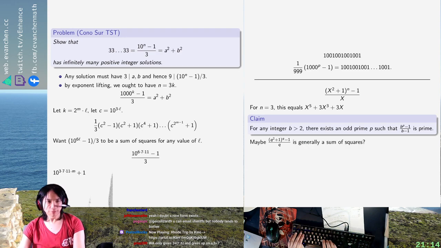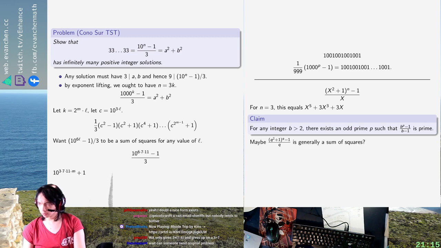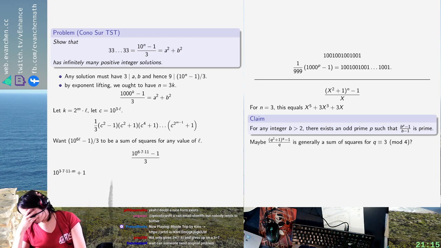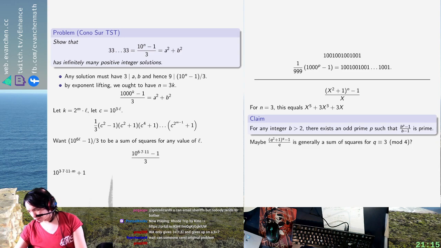I think this won't work for q 3 mod 4. And even if it does work, that just confirms that q equals 3 is a solution. How am I supposed to control the factors?